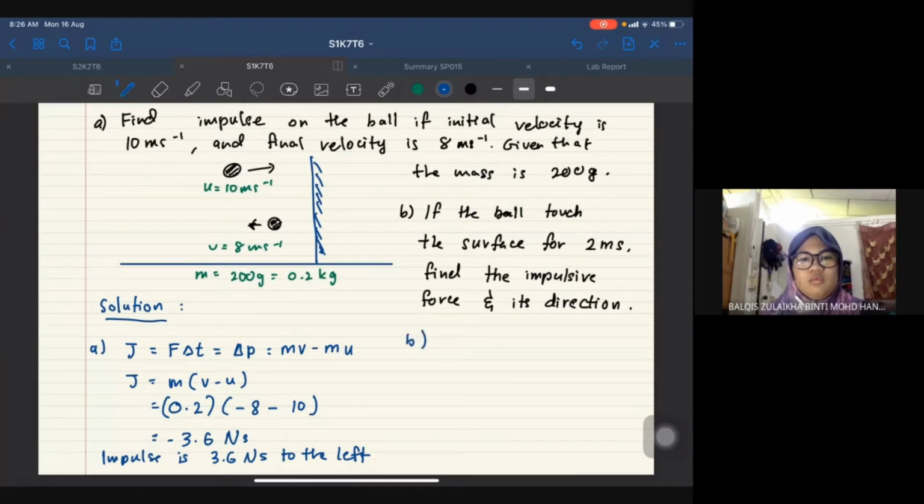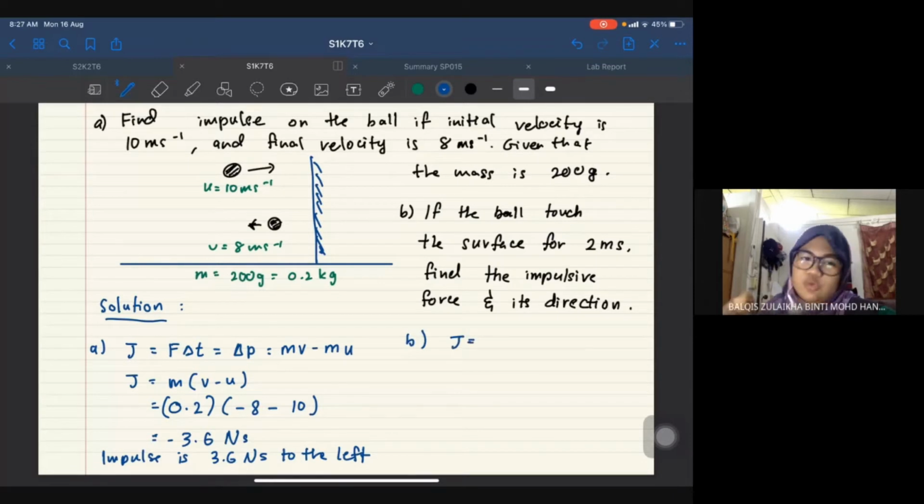Question B. If the ball touch the surface for 2 milliseconds, find the impulsive force and its direction. Okay, how do you want to find the impulsive force? Kita dah dapat J, so guna formula FT.